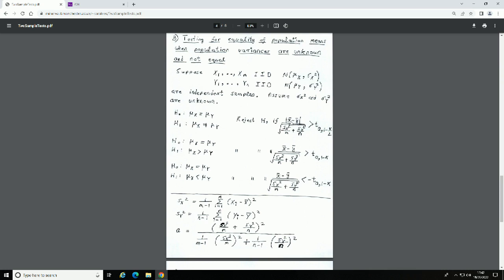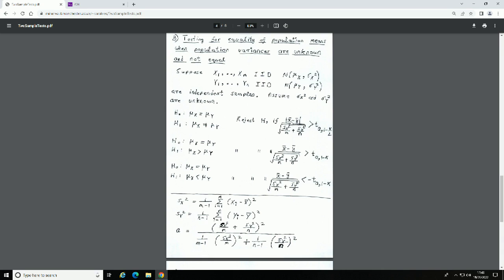Yeah, A is given by the formula there. It's very complicated. So what you should do is, because the sample sizes are large, larger than 25, you can approximate this by the exact percentile, 0.995.